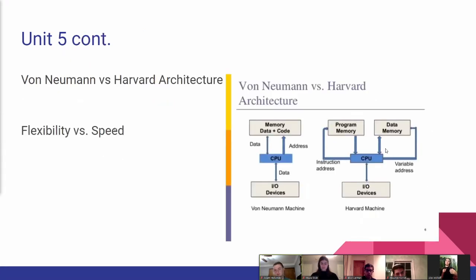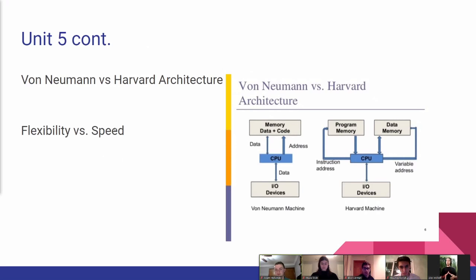Now, there are generally 2 different types of architecture, the von Neumann architecture and the Harvard architecture. The von Neumann architecture has a single channel, as you can see in the diagram, for data going back and forth, and for sending the address from which to grab the instructions.